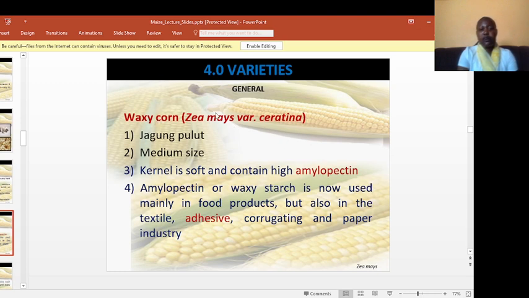We have the waxy corn, Maize ceratina, Jacan bulut. We say it is medium in size. Kernel is soft and contains high amylopectin. Amylopectin or waxy starch is now used mainly in food products, but also in the textile, adhesive, corrugating, and paper industry.